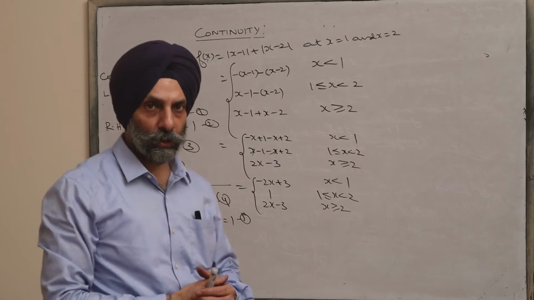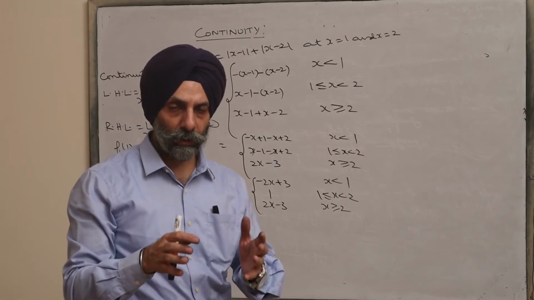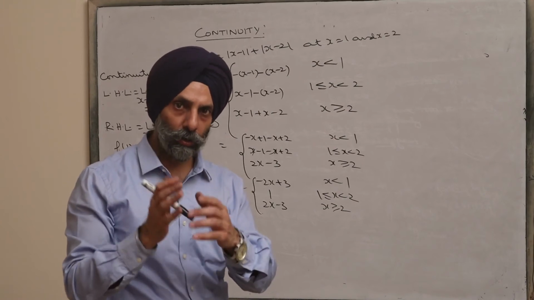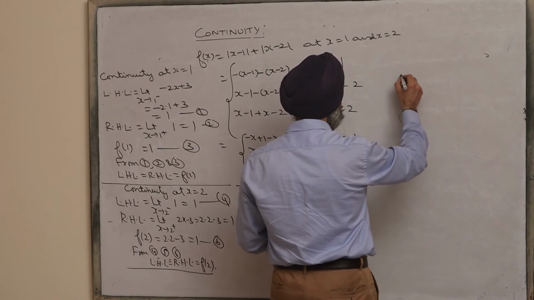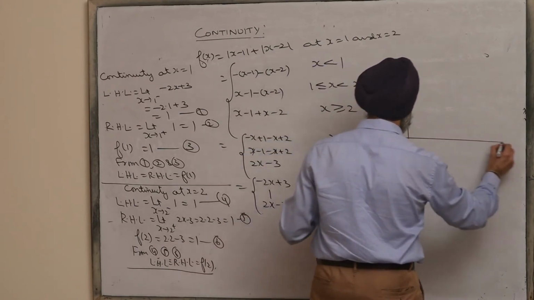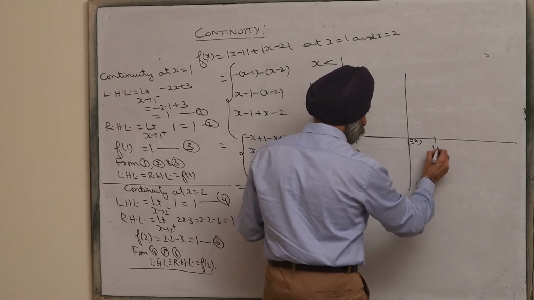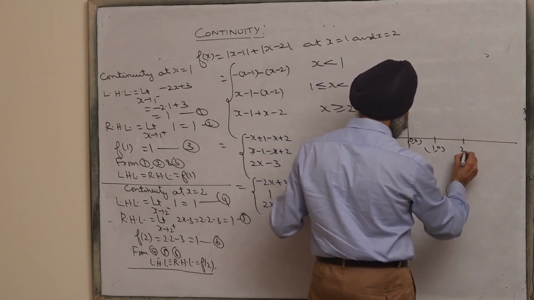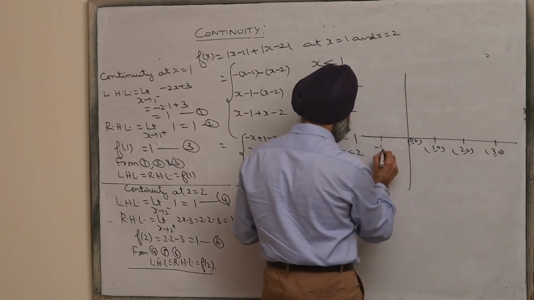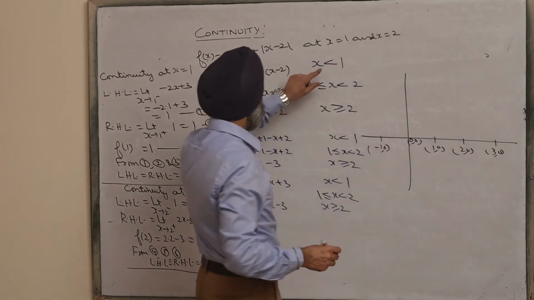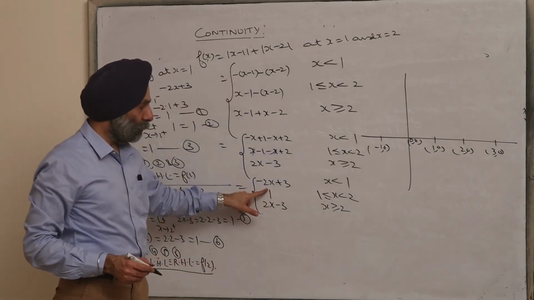Now we have seen that this function is continuous at x equal to 1 as well as continuous at x equal to 2. So how is the graph of this function going to be? This is 0, 0, this point is 1, 0, this point is 2, 0, this point is 3, 0 and so on, this point is minus 1, 0 and so on. For all the values of x less than 1, this is the function here.